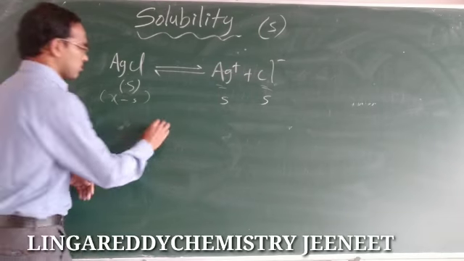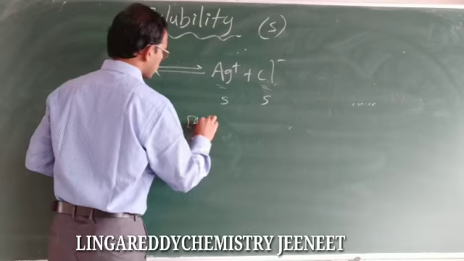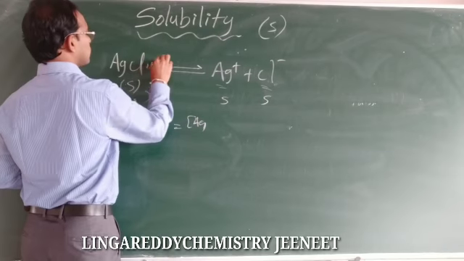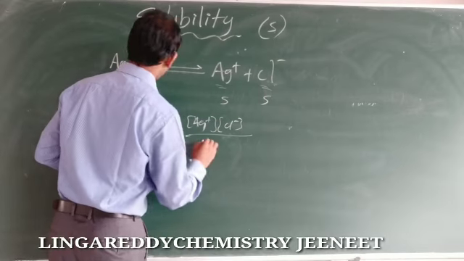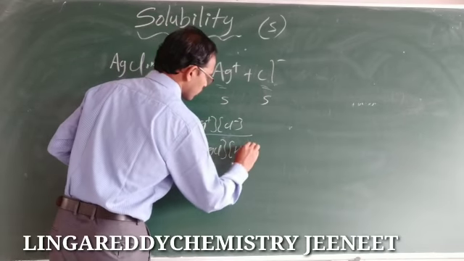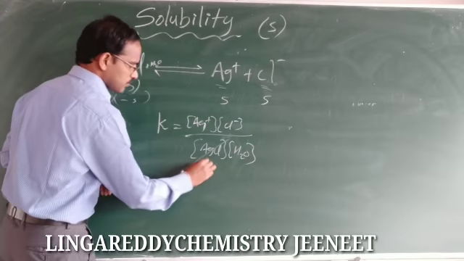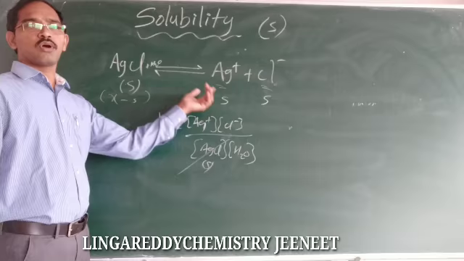Now if I apply the equilibrium constant K, what should I write? Water is there in the aqueous solution. K equals Ag plus times Cl minus upon AgCl times H2O. AgCl is a solid, so no need to take it. H2O is a pure liquid.